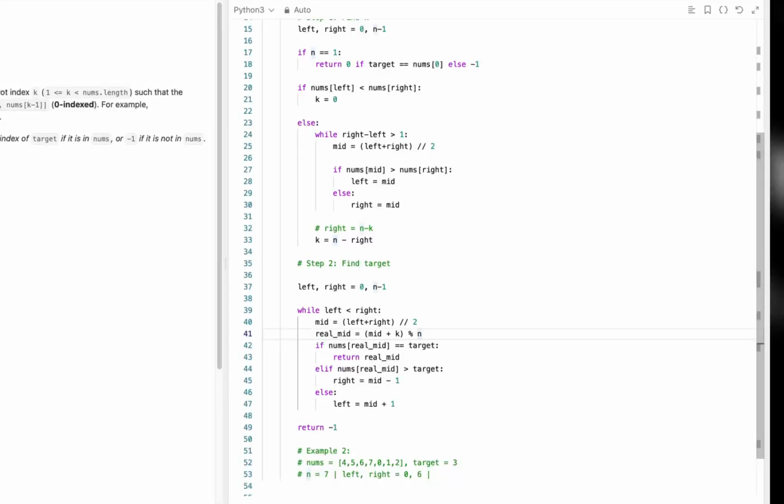We determine the middle, that is 0, 1, 2, 3 here, and 3 gives me this one, and I check 7 is strictly superior to 2, so left becomes mid.